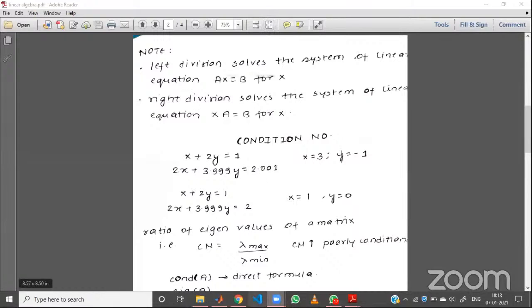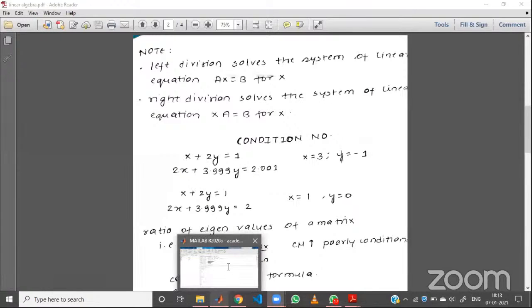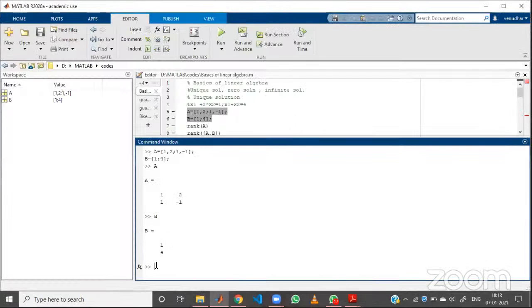So how do we find the solution of this A and B matrix? The solution will be simply inv(A) into B, so 3 comma minus 1. You got the answer 3 comma minus 1 for the linear equation in two variables.